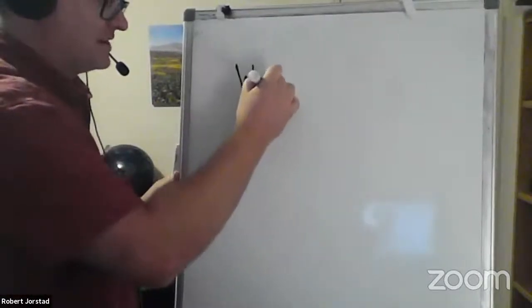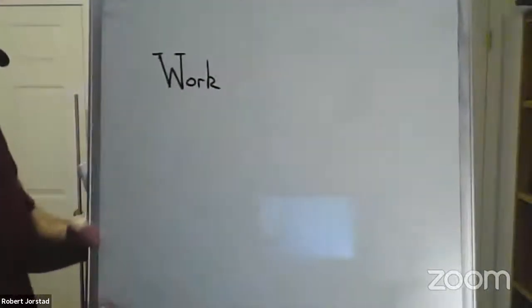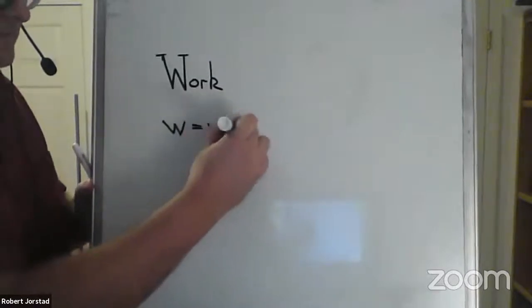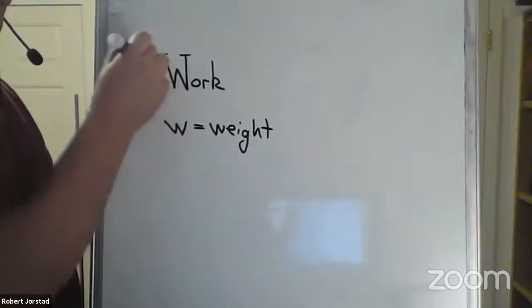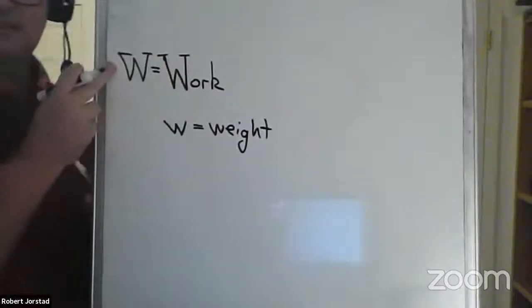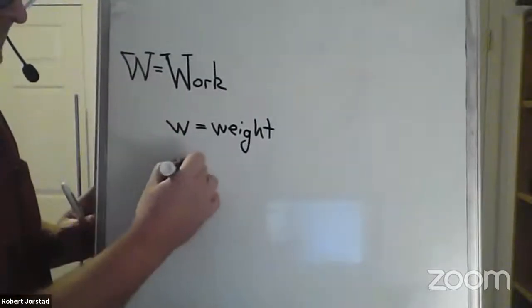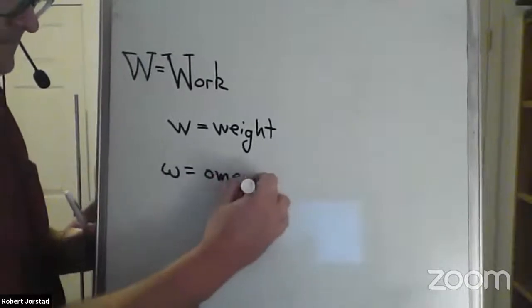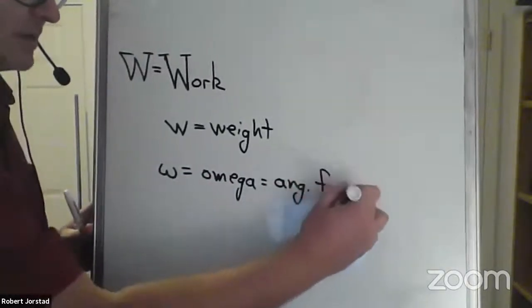Work, by definition, now you're going to see me try to be consistent with this. So I want to be clear here. W is weight. Capital W, and I'm going to try and indicate my capitals like this, with the serif on it. And then omega is curly. This is omega, angular frequency. We've alluded to this in the last chapter a little bit.